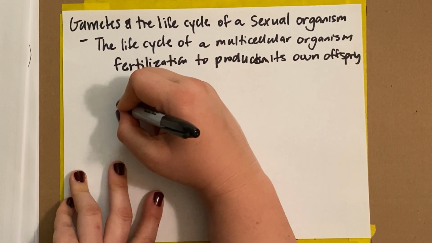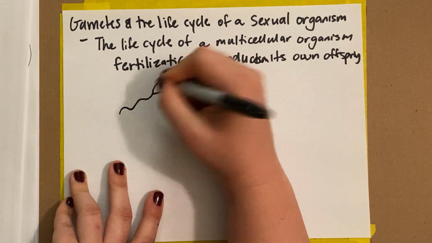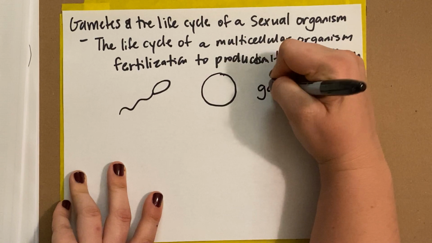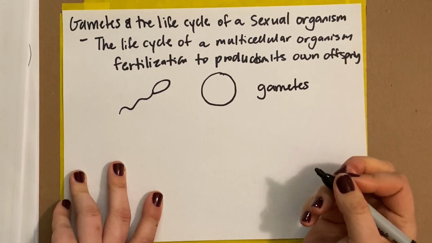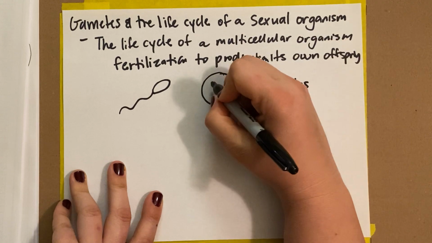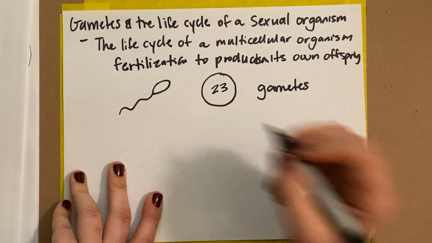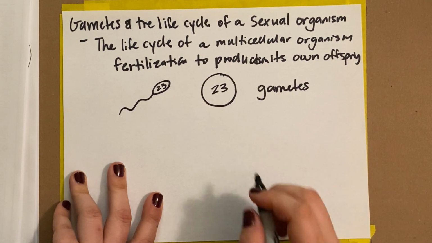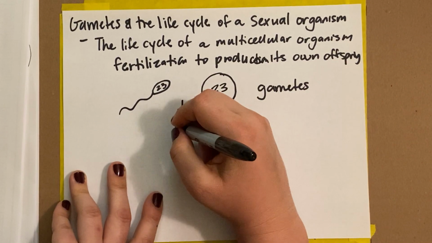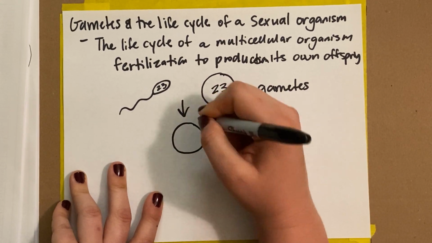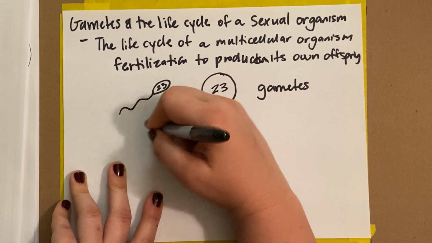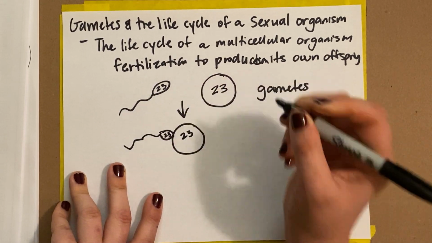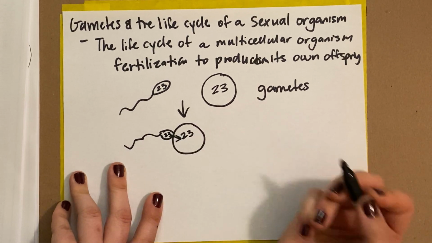What I wanted to go through right now is a cartoon version of this. These are going to be gametes. We start off with an egg, which has 23 chromosomes, and I'm going to talk about how we get to that 23 chromosomes. Sperm have 23 chromosomes. They go through the process of fertilization, where the sperm penetrates the egg and injects its DNA into the egg.